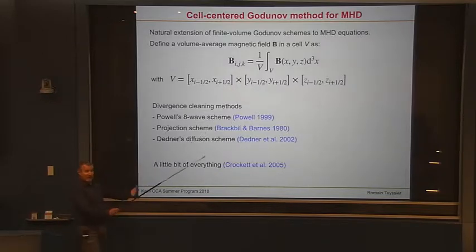So, okay, they create divergence, but they are ashamed of it, so they remove it. So it's called the projection scheme. And then Dedner is basically a combination of the two, right? So it's basically the most modern approach, I would say. It's a combination of the two. And in this paper, it's basically the absolute best you can do in this approach, right? So let me describe how it works quickly, right?